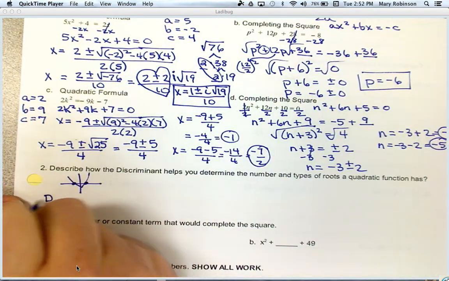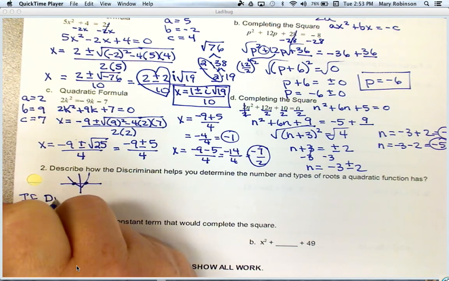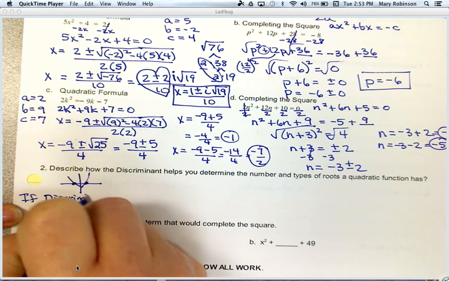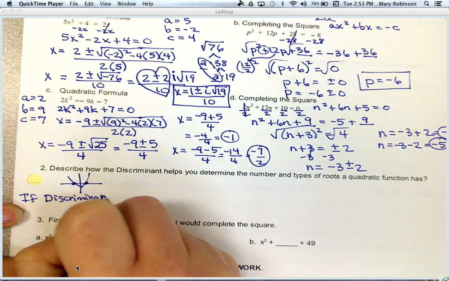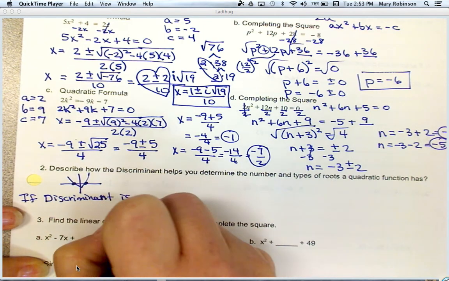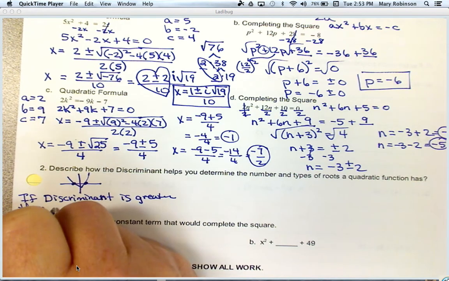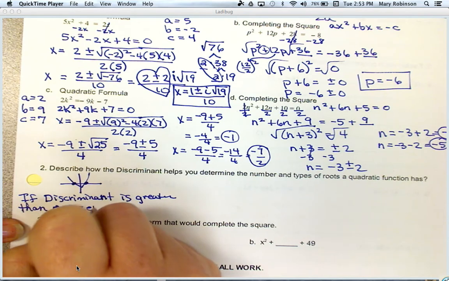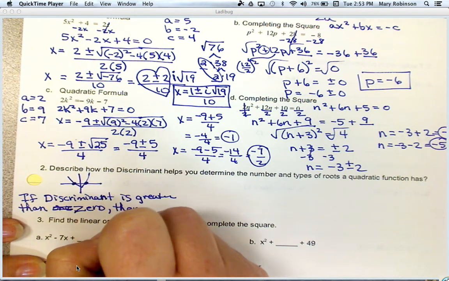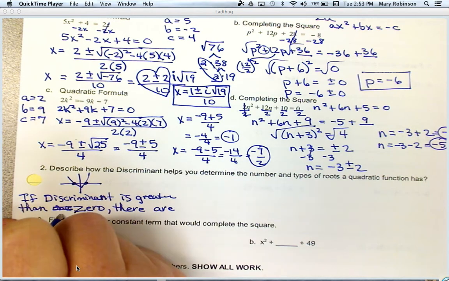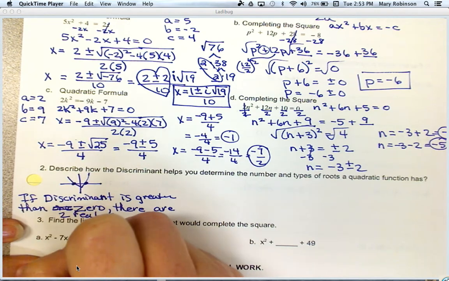So we can put up here, if the discriminant is greater than 0, there are 2 real roots.